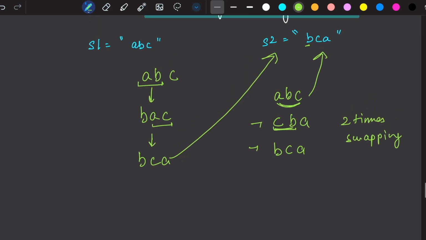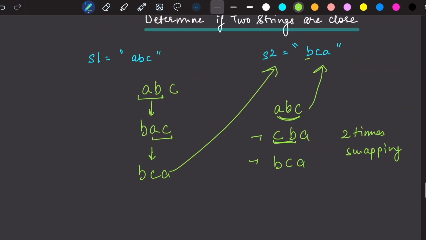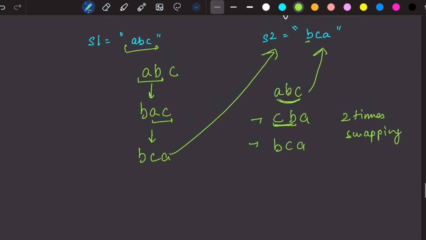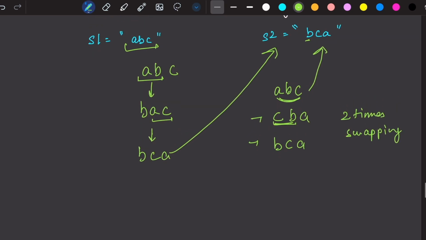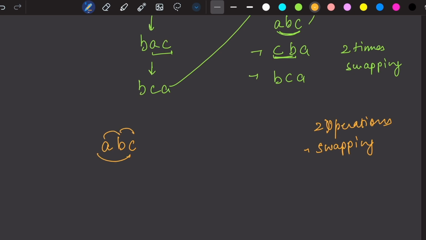First let's understand how we can ideate on this question. We'll write this again, that is A B C. Now we just have two operations, we will write them here. First is swapping, any swapping.